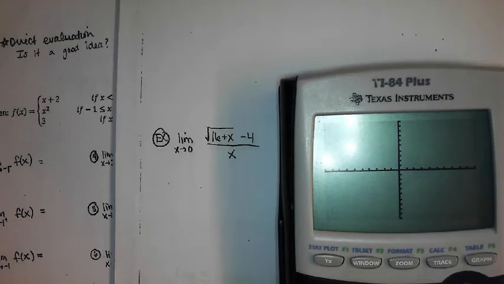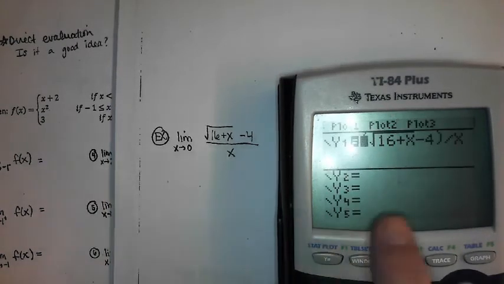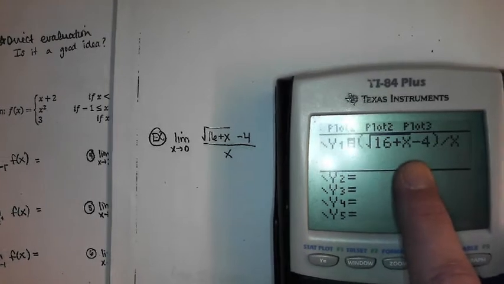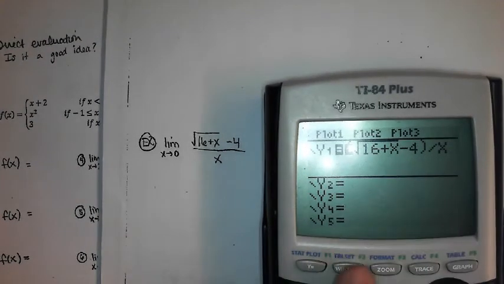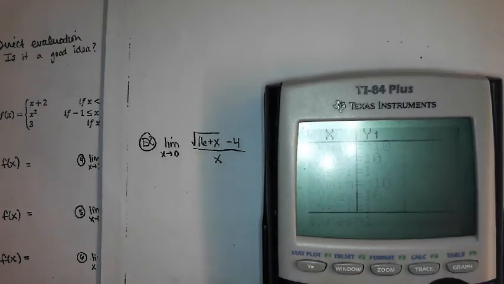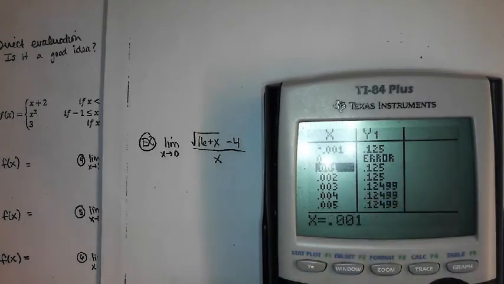Why don't I see anything? Let me look. My window should be fine, negative 10 to 10. Look at my table values. Okay, because they're teeny, tiny.